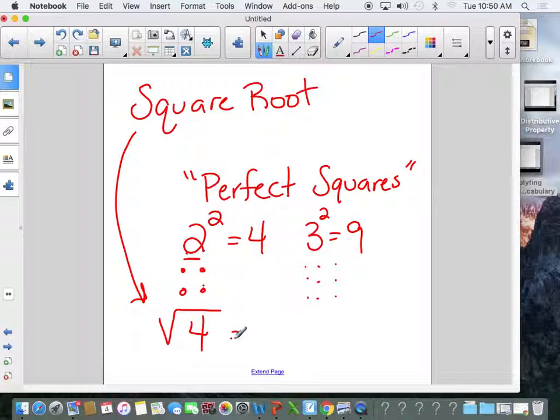It's 2. We're only looking at the positive roots, so it's not going to be plus or minus for these. If I looked at the square root of 9, it would be 3. And that ends the questions I have had so far on week 6.